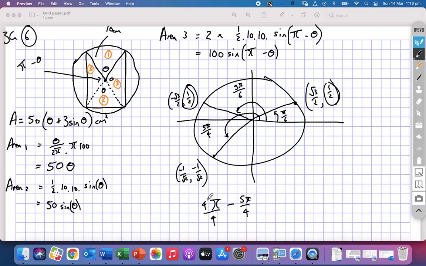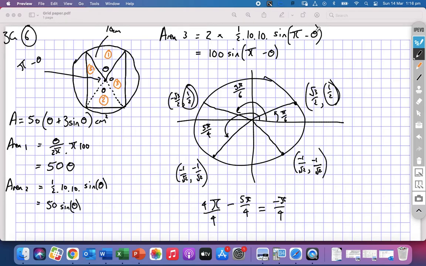So there's my 180 degrees, or my pi. What do I get? Minus pi on 4. Where's that? It's here. What's the sign? Yep.